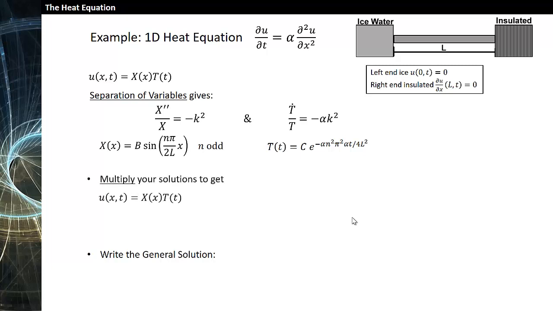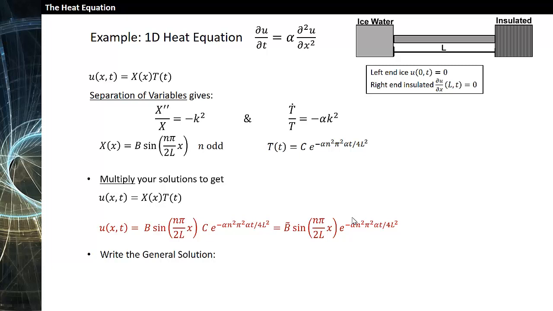Let's first multiply our solutions for X and T to get the solution for u of x and t. When we multiply them, we can combine the constants b and c into a new arbitrary constant, which I'll just call b twiddle here. And then I have my sine function and my exponential.